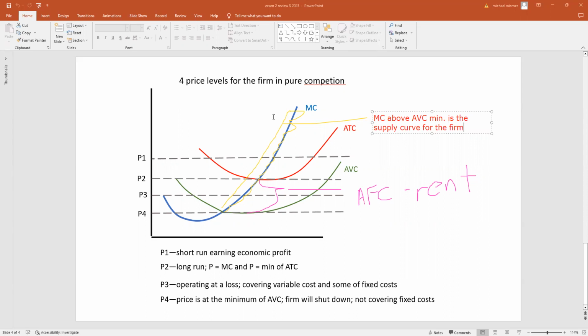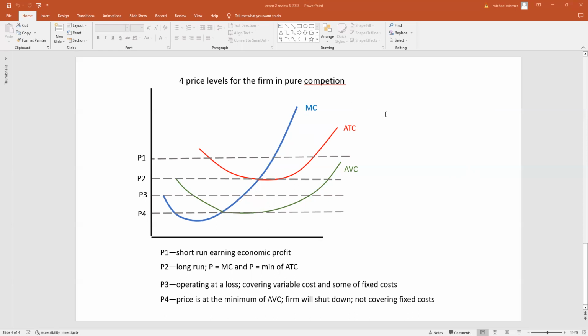Now, I said that this is four price levels for the firm in pure competition. And we could take a look and ask, what's the short run and long run situation for other than pure competition? For monopolistic competition, we could identify what's going to happen on these price levels as well, because we know that in monopolistic competition, in the long run, price is going to be greater than marginal cost. Price is going to be greater than the minimum of average total cost.